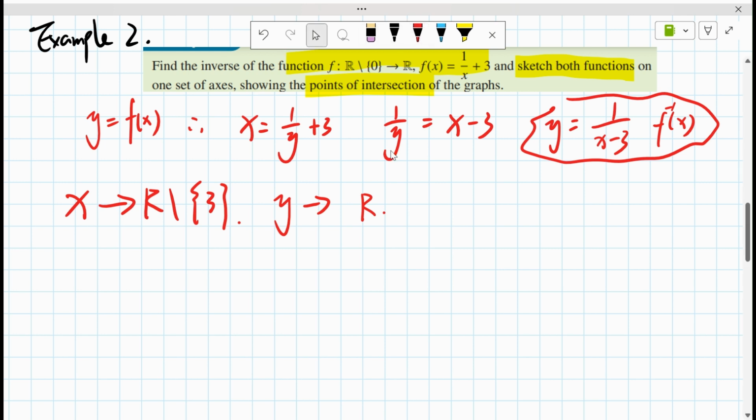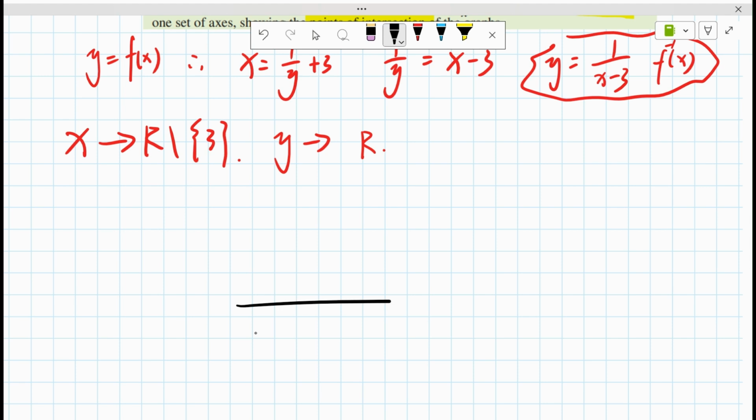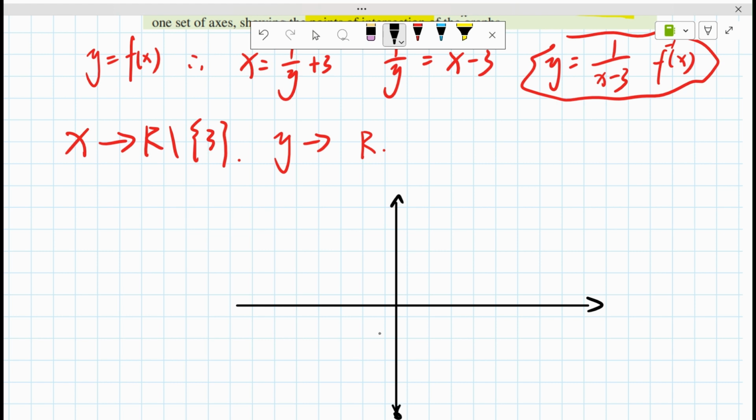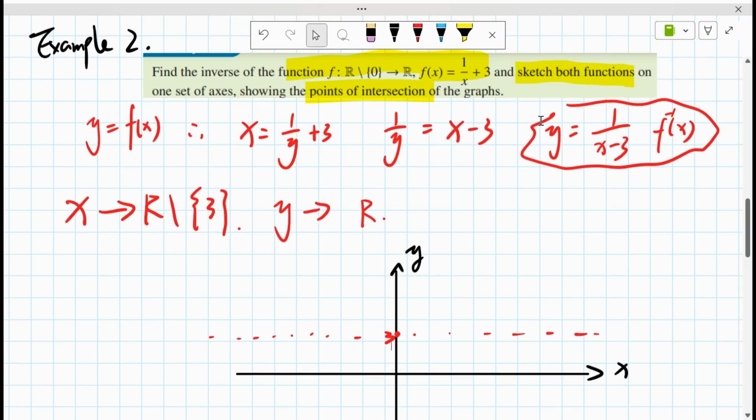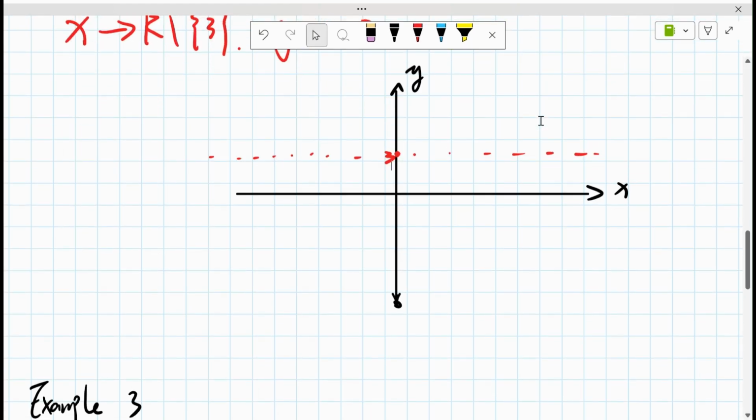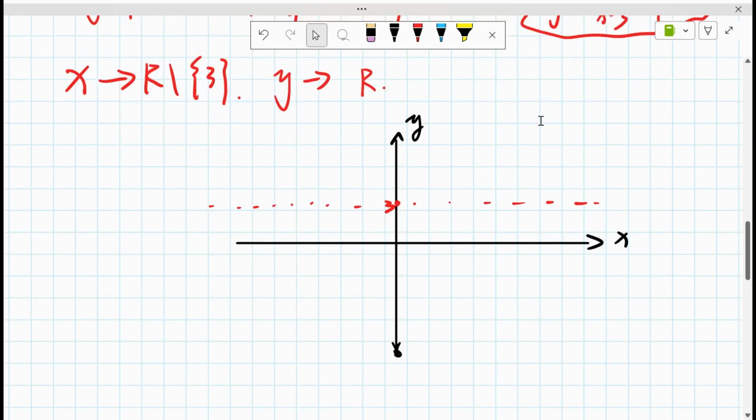Let's sketch 1 over x plus 3. This is much easier because we can do it in two colors. First, f(x). The graph is shifted up by 3, so the horizontal asymptote is y equals 3, and the vertical asymptote is x equals 0.